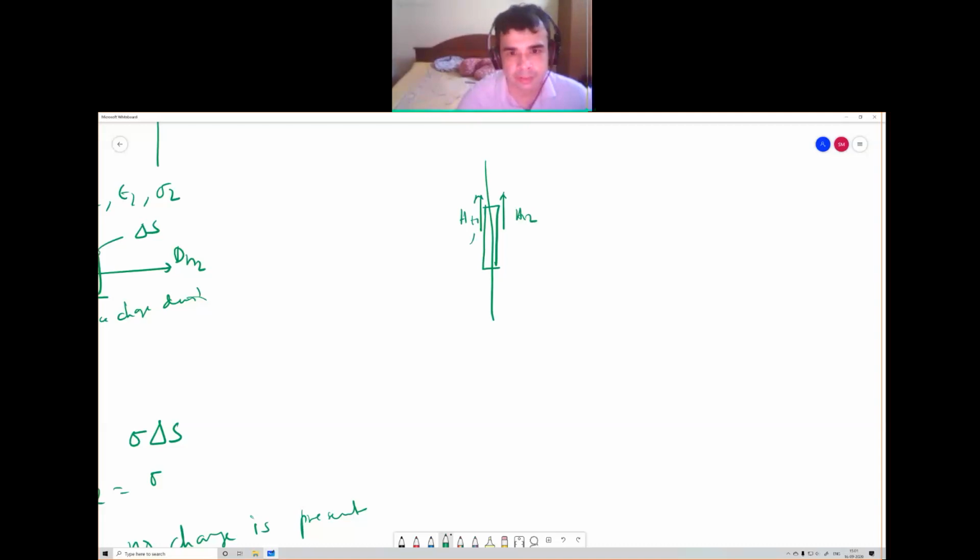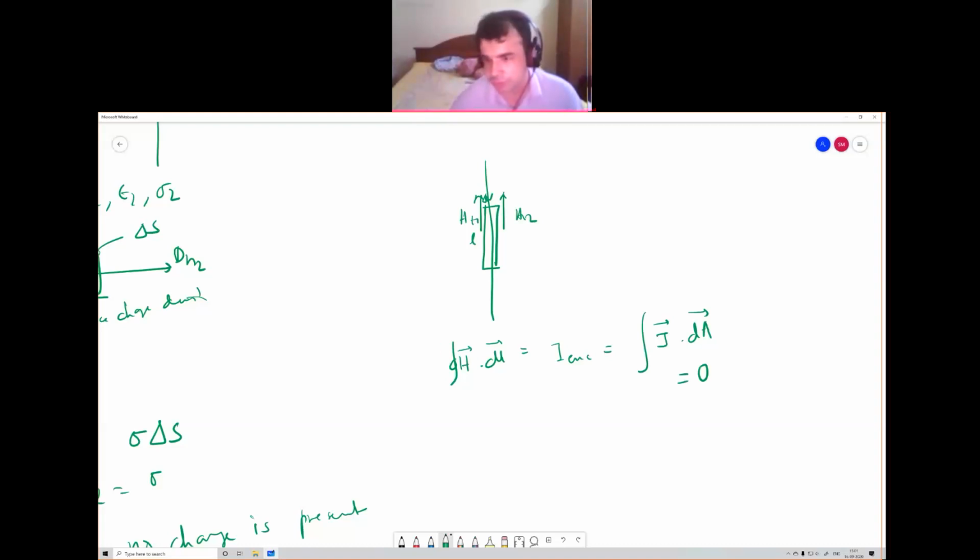This is L, this is delta W. So the integral of H dot dl equal to I enclosed equal to J dot dA. But the area of the surface is very small, so this dA is very small, so this will be 0. And applying the same logic as for the electric field, we can say that Ht1 equal to Ht2.